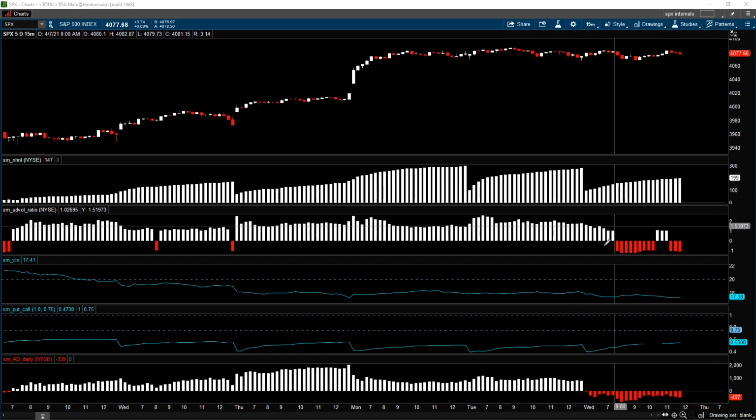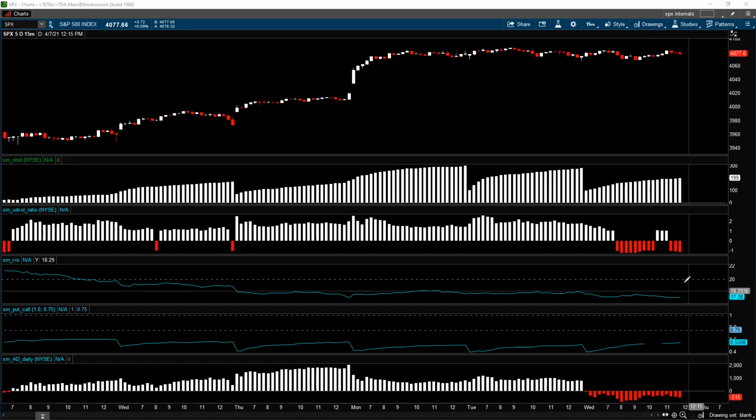The up-down volume has been fluctuating positive and negative. We see a surge here right before the FOMC minutes came out, then a surge to slightly positive and then back down to negative. So the up-down volume ratio is kind of mixed. We'll take a look at the intraday up volume and down volume on the next chart. And the VIX is sitting somewhere around the 17 level.